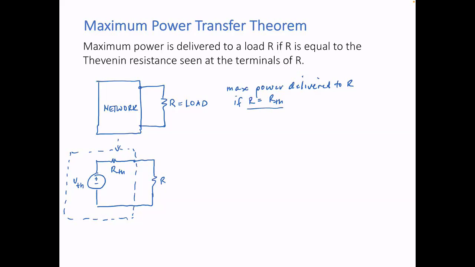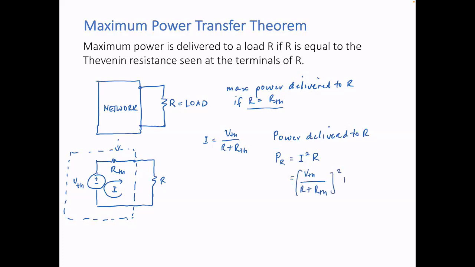I is equal to VTH over R plus RTH. The power delivered to R, P of R, is equal to I squared times R. So this is VTH over R plus RTH, squared, multiplied by R.